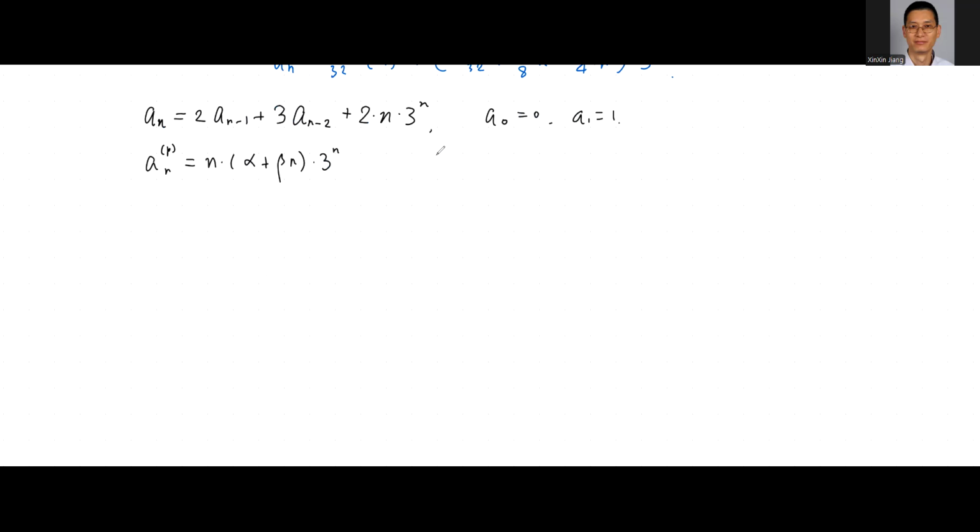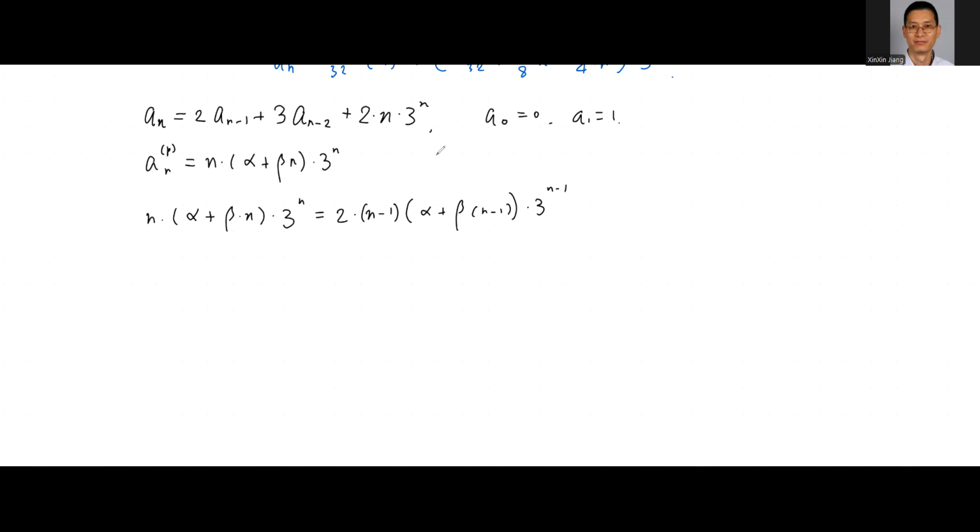So the left side will have n times (alpha plus beta times n) times 3 to the n equals 2 times a sub n minus 1. Okay, so you have n minus 1. You're going to replace that n by n minus 1, times (alpha plus beta times (n minus 1)) times 3 to the n minus 1.